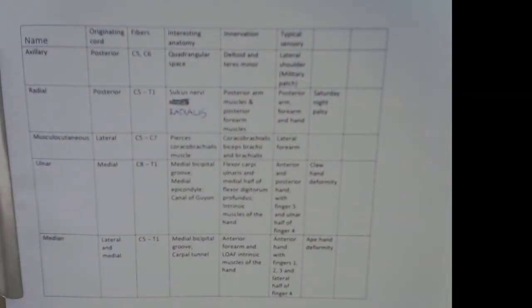All right, so let us take a look and find quickly a few diagrams that will help us identify some dermatomes of the upper limb. It won't go too long until we get there.